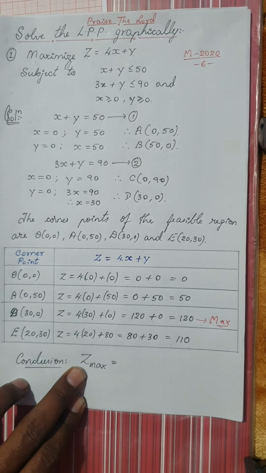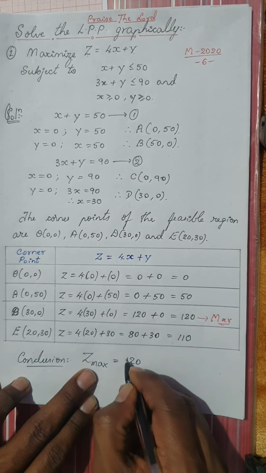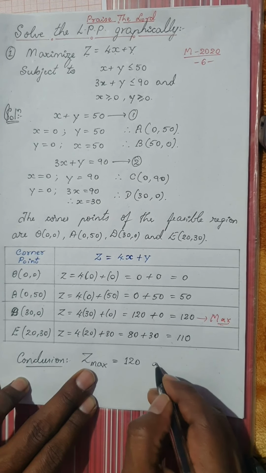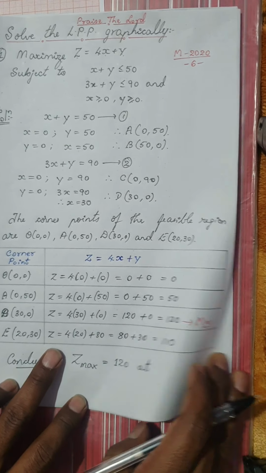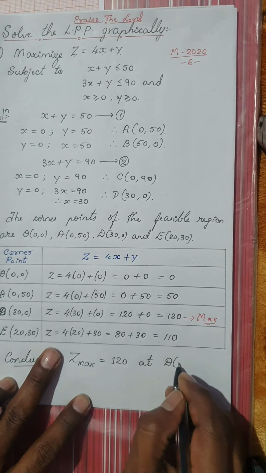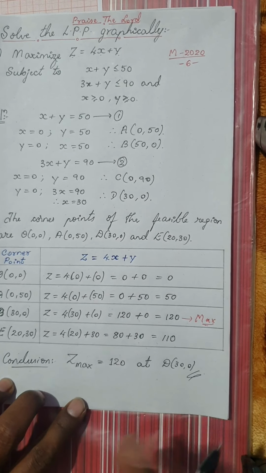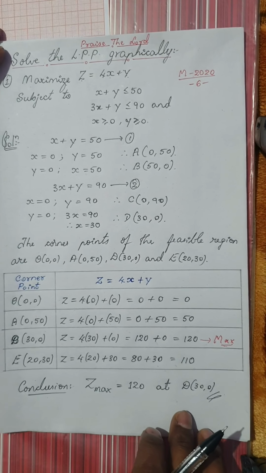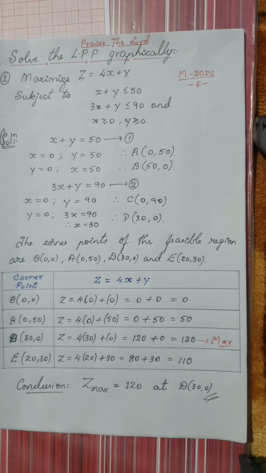I repeat, write the maximum value first, which is 120. So z max is 120, and you have to write where? At the point D, which is nothing but 30 comma 0. And this concludes the process of solving the linear inequality problem by graphical method.